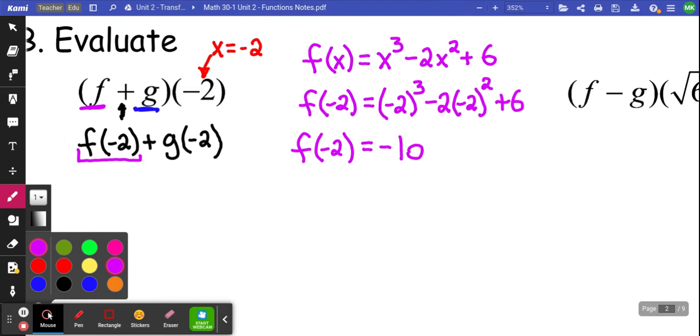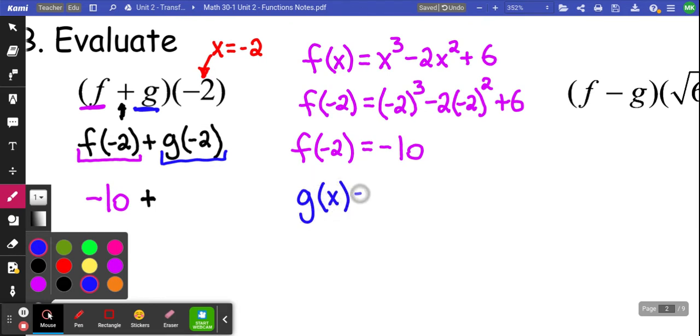Okay, that means, back to my original question, I have negative 10 plus. Now figure out what g of negative 2 would equal. g of x was equal to x cubed minus 2x plus 6. Go ahead and change the x to be -2.